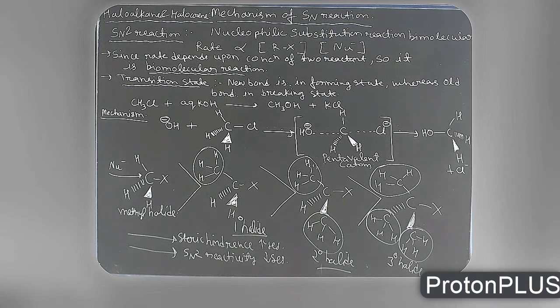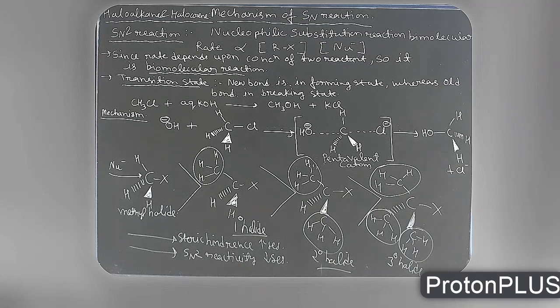So from 1 degree to 2 degree halide to 3 degree halide, as we move, steric hindrance increases by 1 methyl group, 2 methyl groups and 3 methyl groups. So nucleophilic approach will be hindered.